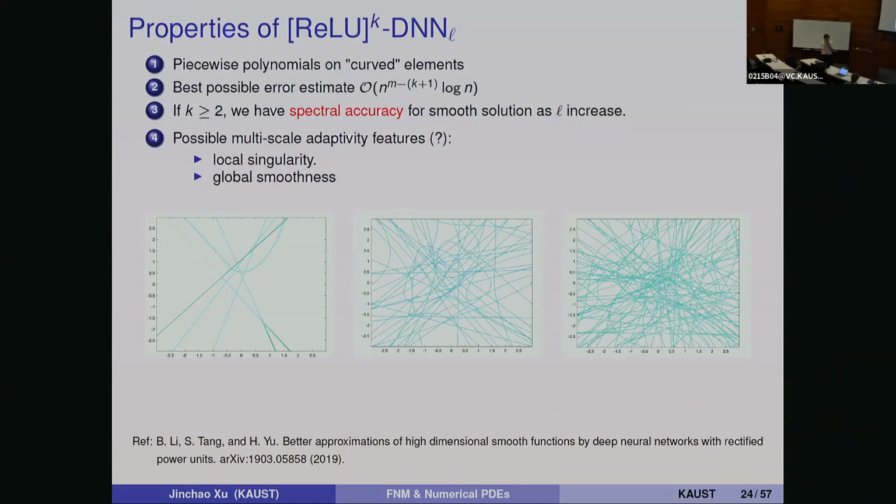But you can also reproduce any grid you want locally. So the neural network function is very special. It's highly what I call multi-level, multi-scale adaptivity. If you want smooth, I give you polynomial. If you want local singularity, I give you a locally refined mesh.